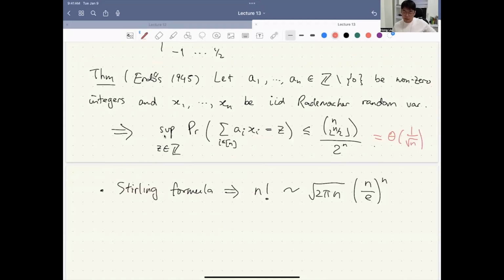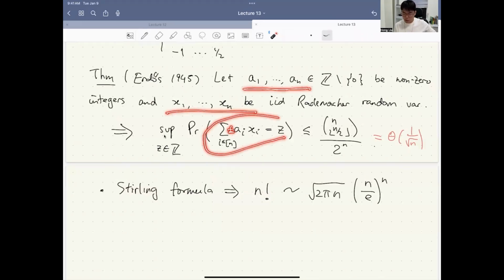So when n tends to infinity, this goes to 0. In other words, when you sum up more and more numbers with their signs randomly permuted, taking +1 or -1, the probability that the sum takes a particular value tends to 0.